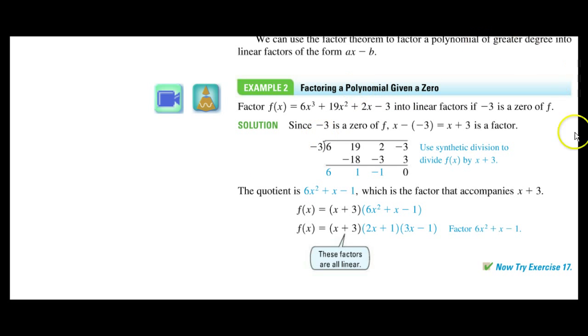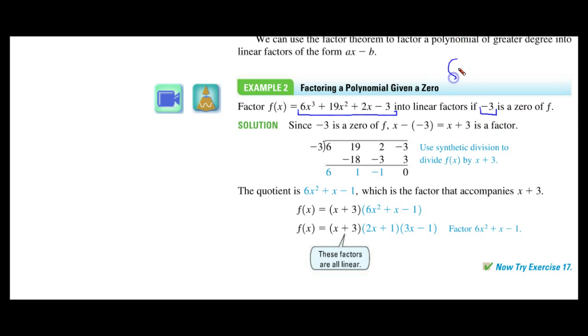So we're using lots of stuff from the previous lesson. As we look at this, here is our function, and we're wondering if negative 3 is a 0 of f. Well, we're going to take that negative 3.